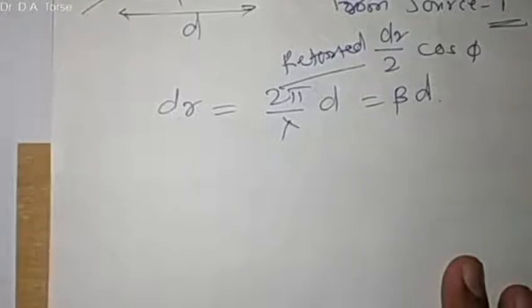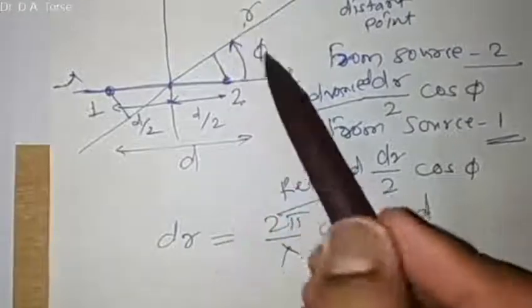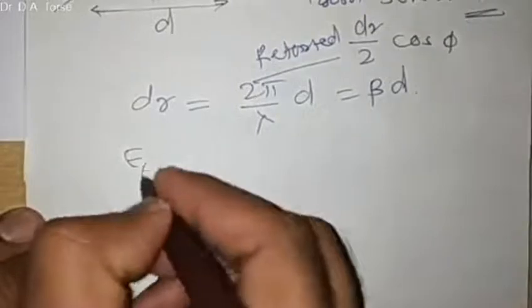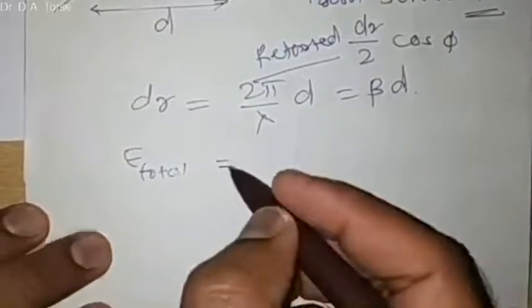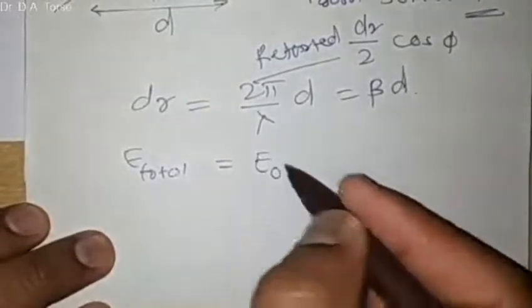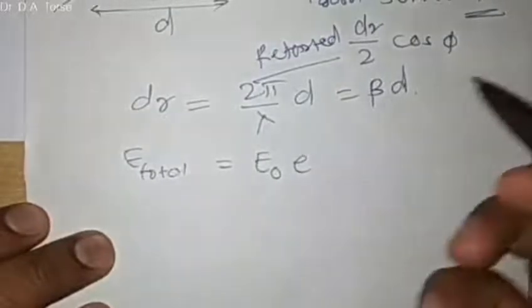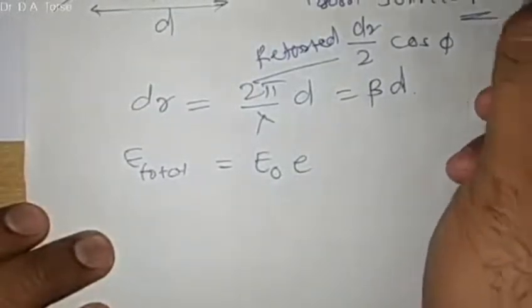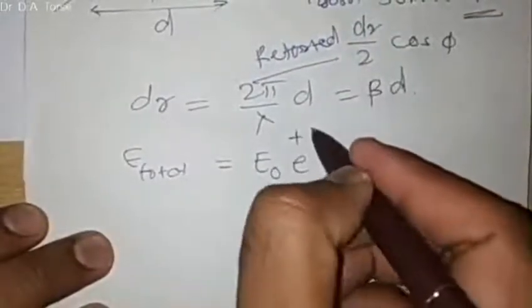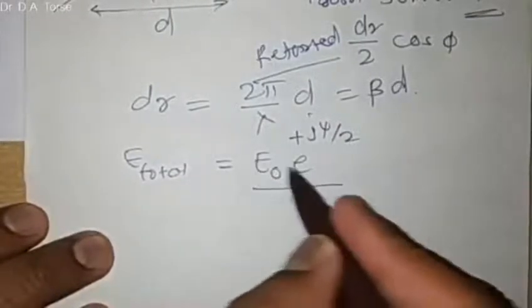Now the total electric field at a large distance r in the direction of phi will be given as E total equal to the field due to source 1 first, which is E0 e to the power... okay, let's write the field from source 2 first, because it is positive, because it is advanced: e to the power plus j psi by 2. Let us write these two fields separately.